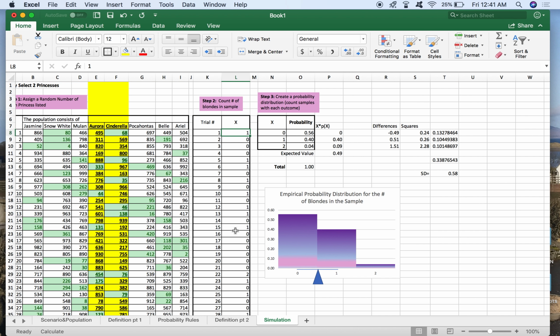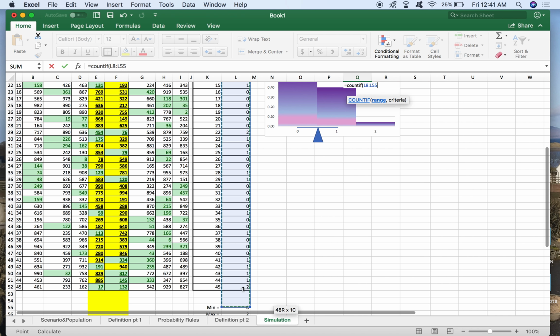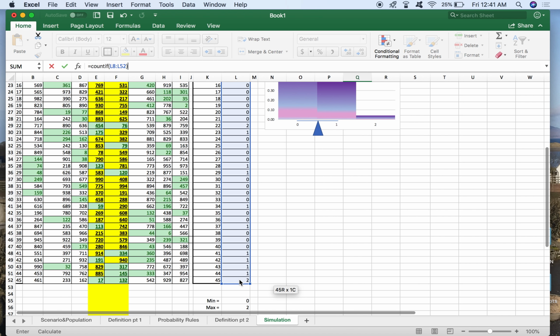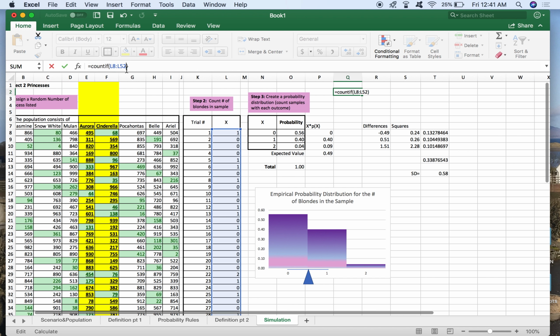So then I counted them, and then I skipped the step of showing it, but step 3 is to create a probability distribution, counting the samples with each outcome. So I can do this quick right here, like equals COUNTIF, and then go here, and then say 0.